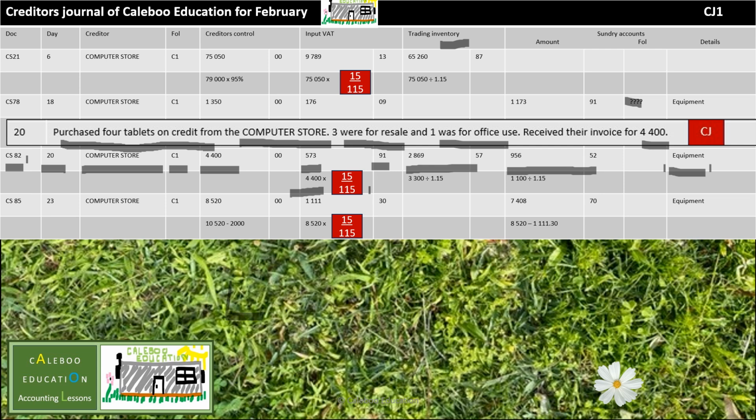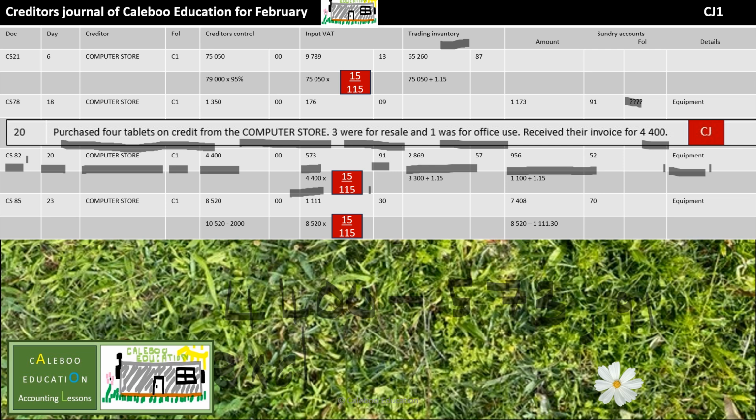We can say 4,400 minus the input VAT amount for all 4 tablets, 573.91, will give me the VAT exclusive amount for 4 tablets.